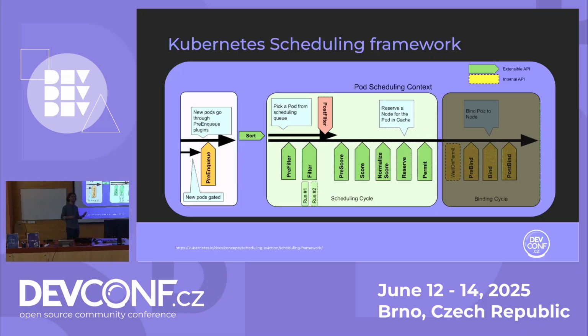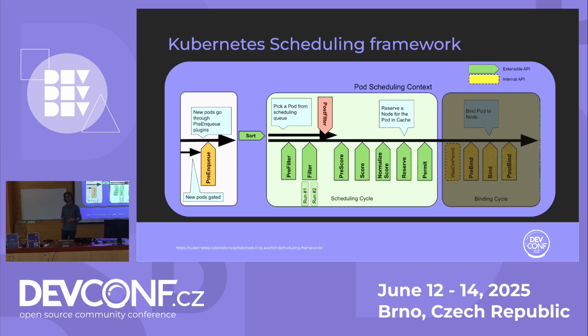A good way to distinguish between the stages is to discuss filtering stages and scoring stages. With filtering, you essentially apply constraints that allow you to build a set of candidate nodes where the pod that you want to schedule can actually be run.